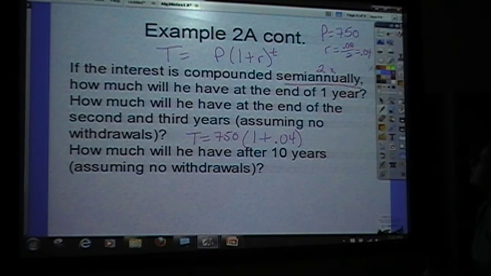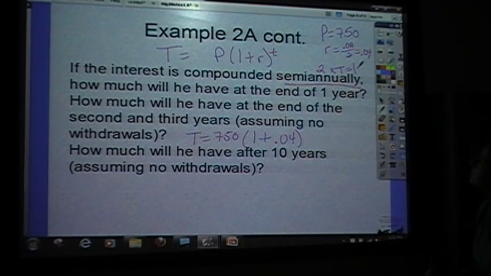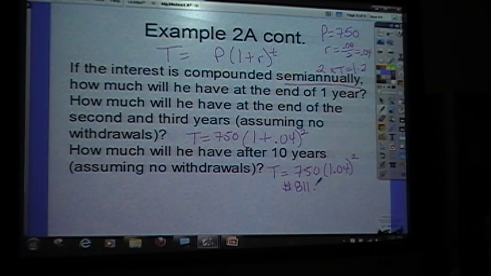And time is the number of times the interest is compounded times the number of years. In this case, time is going to be 1 times 2, which is 2. Okay, so T is 750 times 1.04 squared. And what do we get? $811.20. Type that in your calculator.